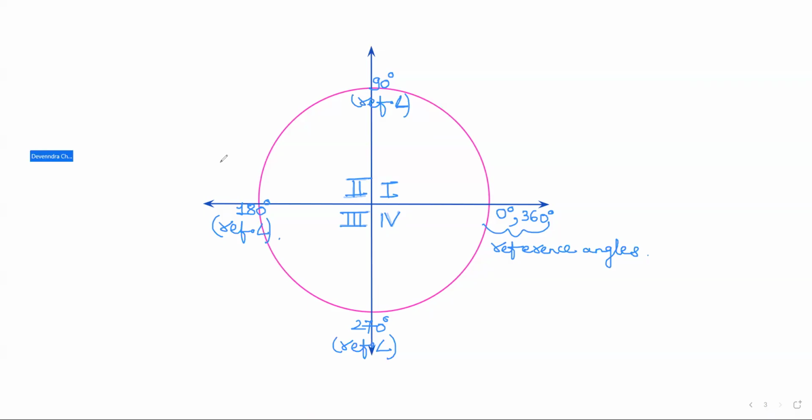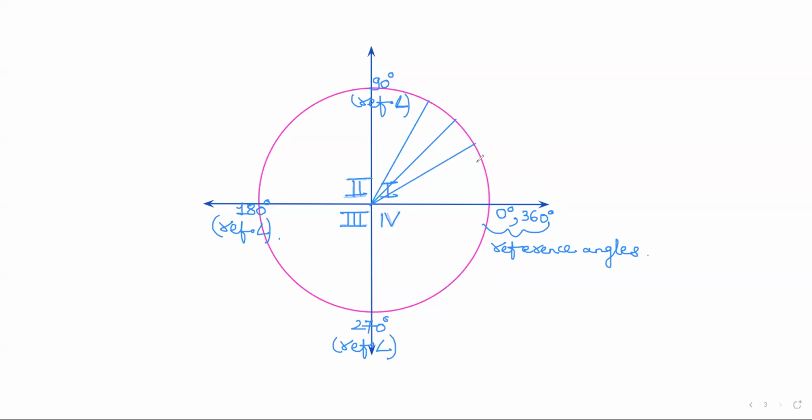Now, as there are reference angles, there are standard angles also. What are these standard angles? These are the most widely used angles in trigonometry. Every quadrant has standard angles, right? Each quadrant has its own set of standard angles.